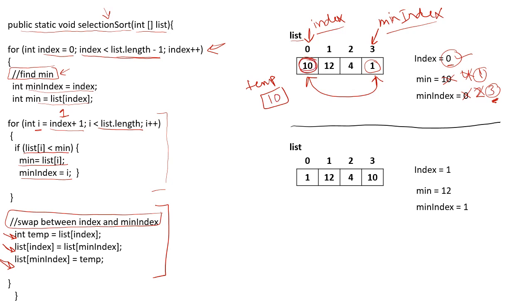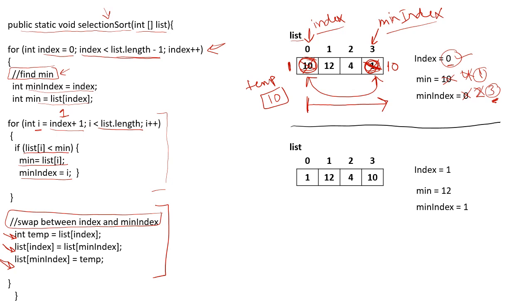And the list of index equals list of minIndex. List of index should be changed and it should equal list of minIndex, which is 1. So we have 1 here. And then list of minIndex, which is this number, should be changed and it should hold the value of temp, which is 10. So by the end of the first iteration, what we did, starting from location 0, we went through all the elements and we found the minimum value, which is 1 at location 3.